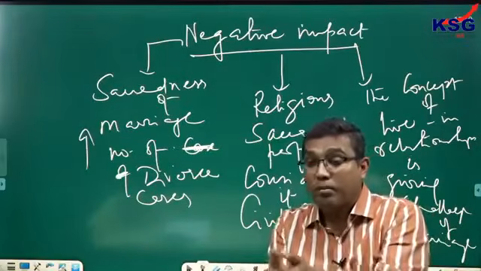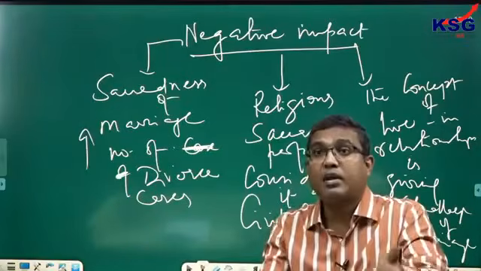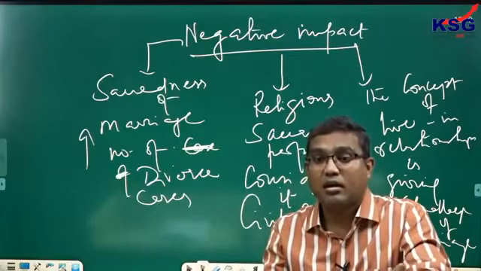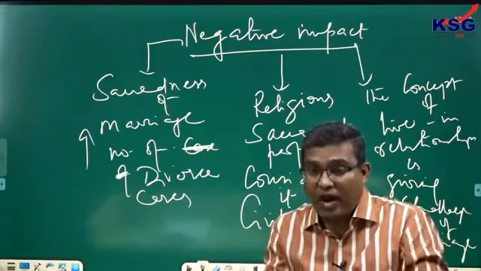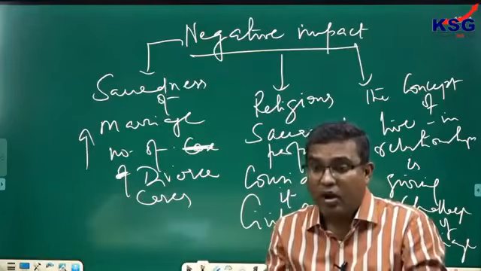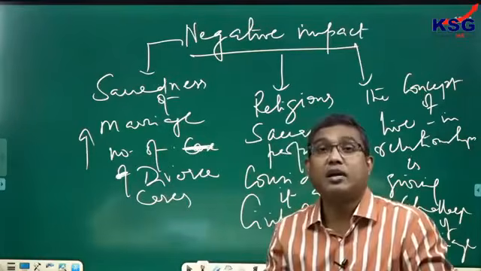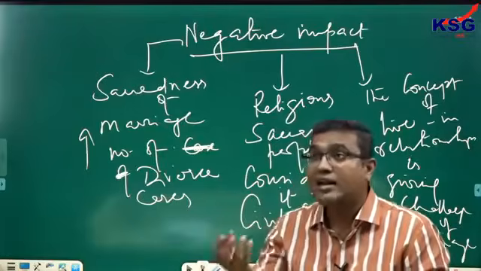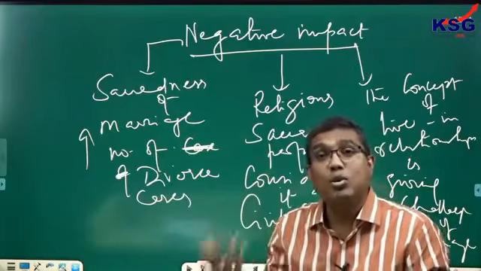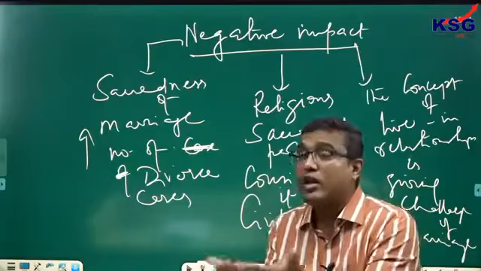Therefore, the point is this: all these things are happening, right? Why are all these things happening? Because you need to understand there is much more awareness in society. People are understanding that caste and religion have no role to play. People are questioning.